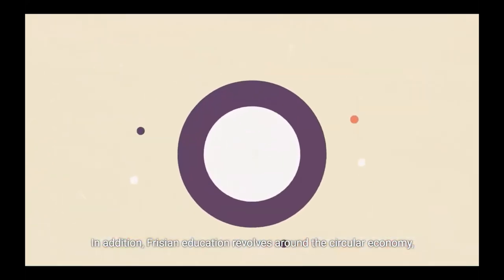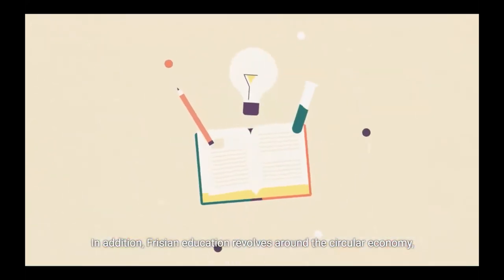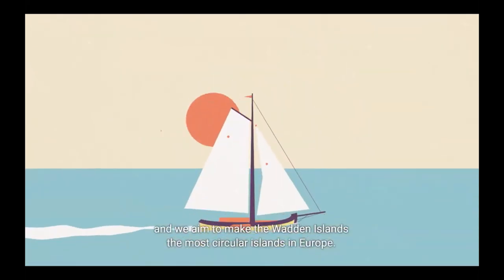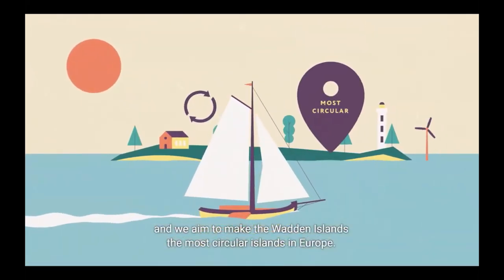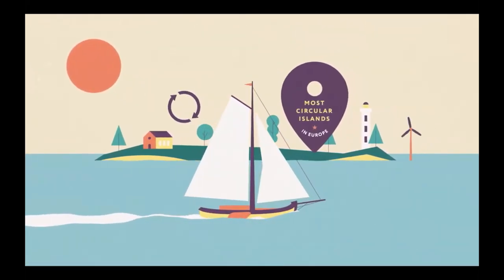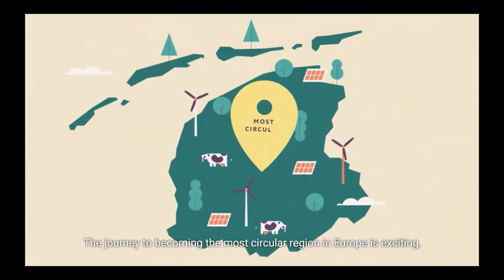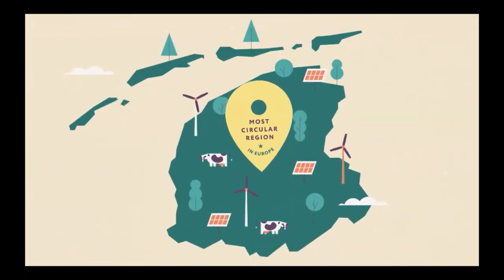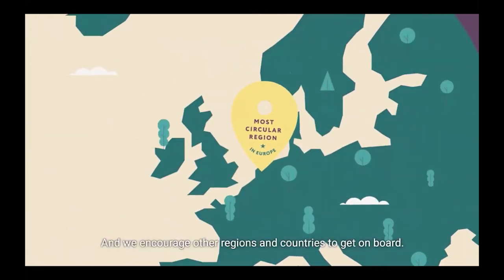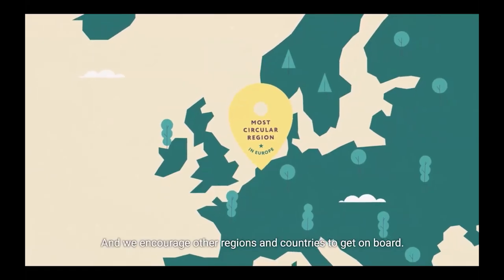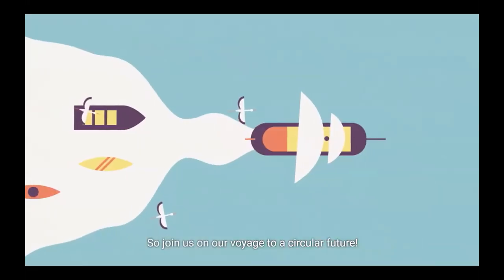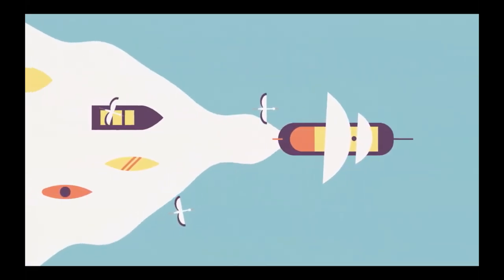In addition, Frisian education revolves around the circular economy, and we aim to make the Wadden Islands the most circular islands in Europe. The journey to becoming the most circular region in Europe is exciting, and we encourage other regions and countries to get on board. So join us on our voyage to a circular future.